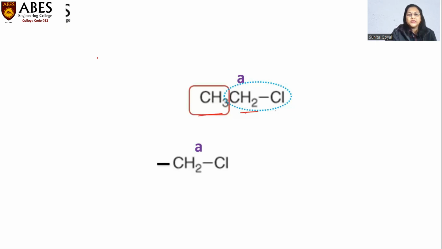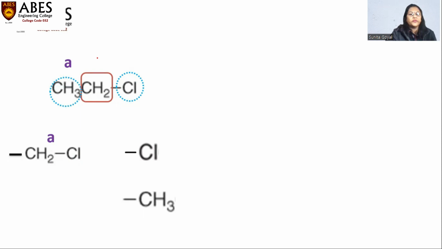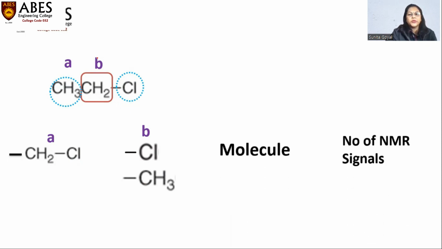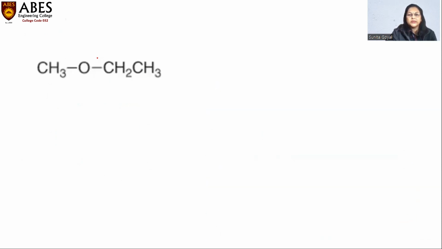So there is A type of signal for the 2 hydrogen atoms of methylene, and B type of signal for the 3 hydrogens of methyl group. The 3 protons are equivalent, but non-equivalent to the 2 protons of methylene, and the 2 protons are equivalent, but non-equivalent to the methyl group. So in this molecule, we will have 2 NMR signals.